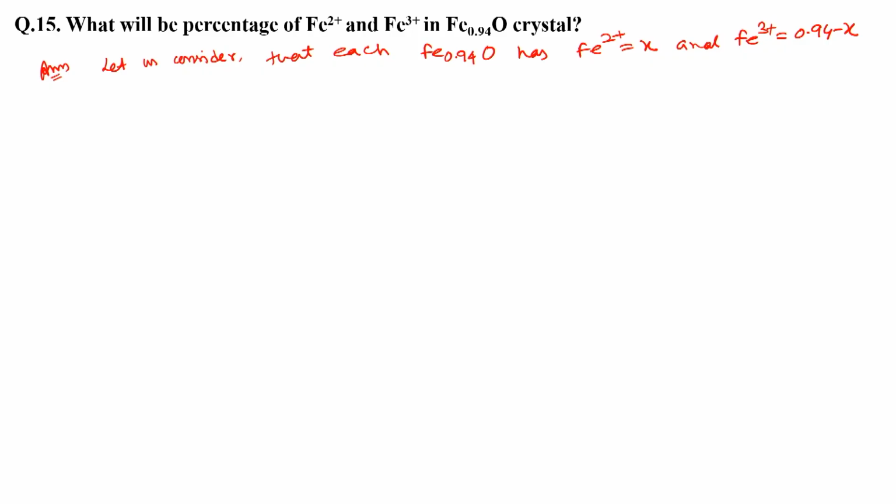Fine. So, therefore, each Fe 0.940 has each Fe atom of which has 2 oxygen atoms.